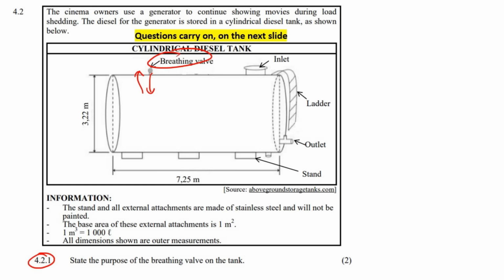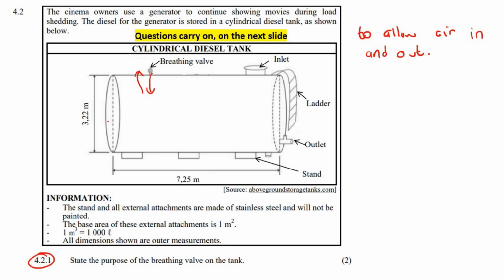So I'm just going to say to allow air in and out. I think that's a really unfair question, but every exam's going to have those types of questions where 95% of the learners are probably not going to get it correct. They'll always have some of those in the test.